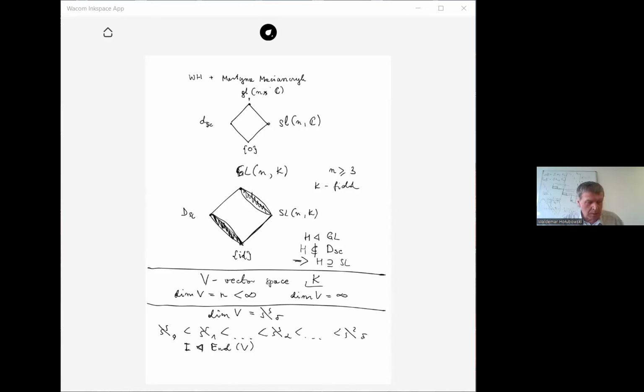And the answer of Jacobson was as follows. We denote by F alpha the set of all endomorphisms f of V such that the dimension of the image f(V) has cardinality less than Aleph alpha.